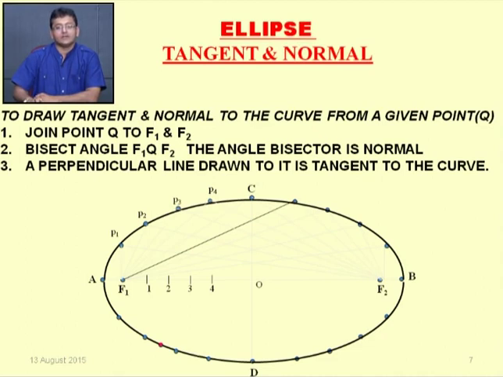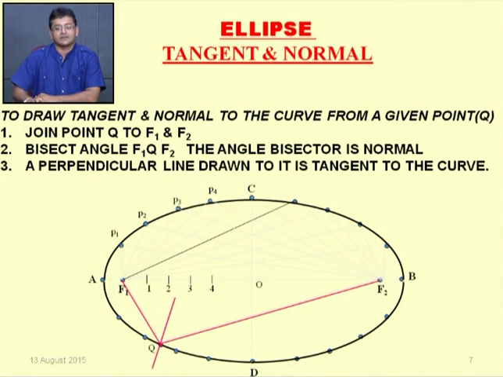So join point Q to F1 and also F2. Now bisect angle F1QF2. This is a normal to this curve.